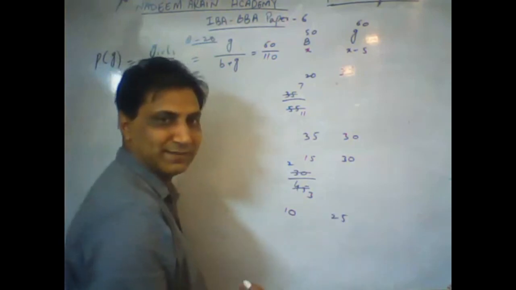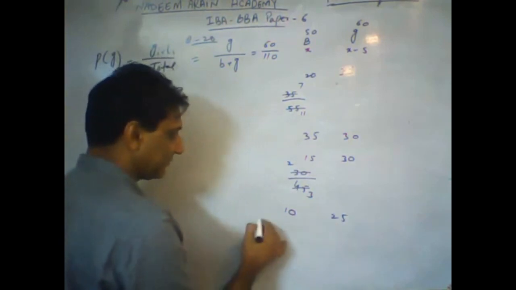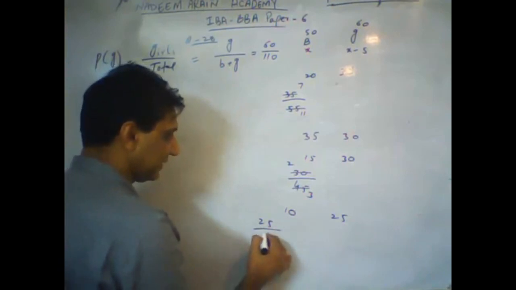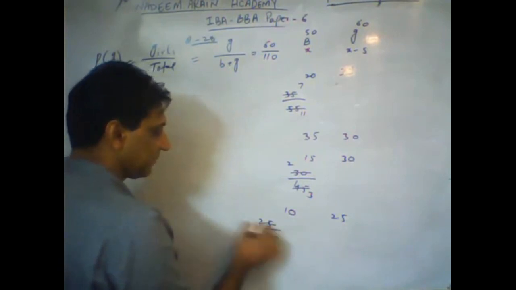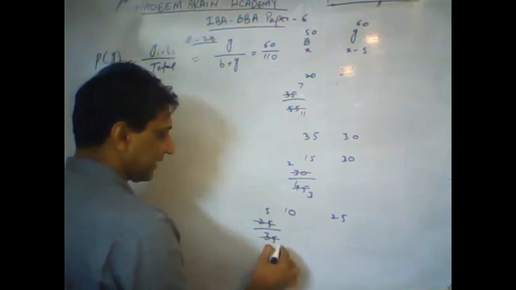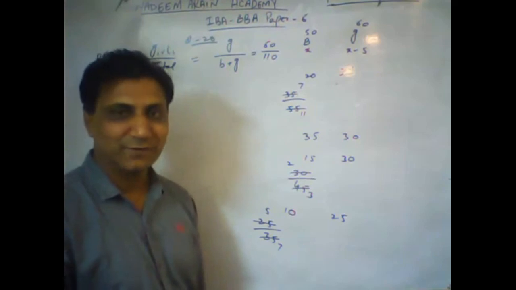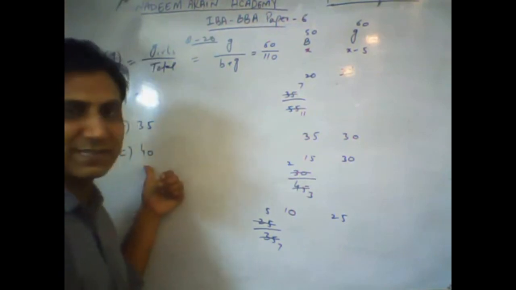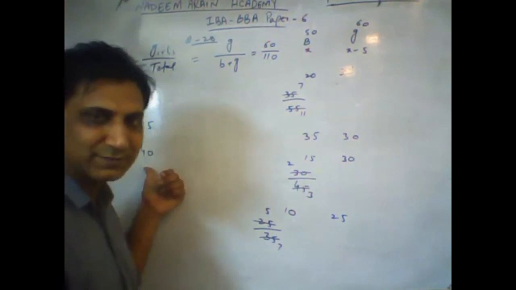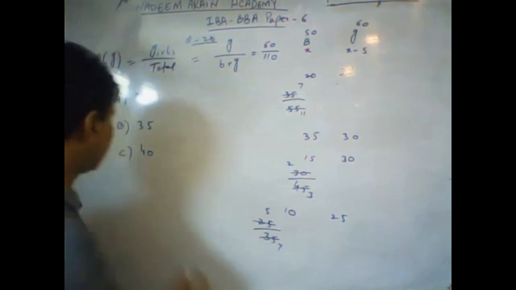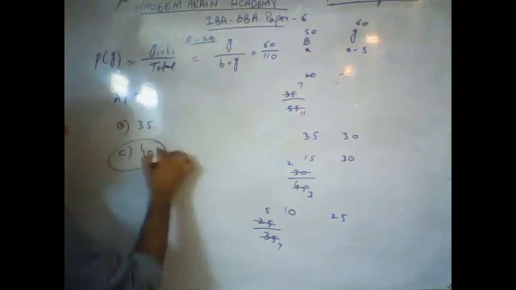So the new probability will be 25 divided by the sum, 35. Means 5 times 5 over 7 times 5, 5 over 7. Yes, so the probability is 5 over 7 if 40 boys leave, if x is 40. So you don't need to check the fourth option. This is option C, that's the correct answer.